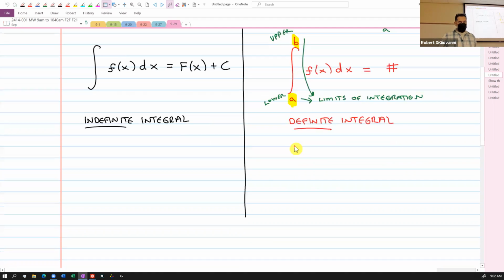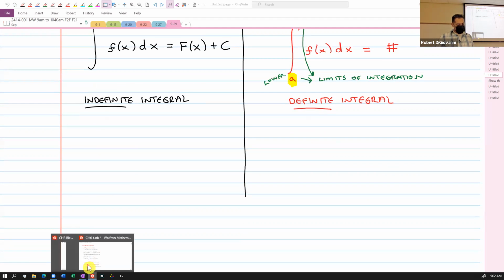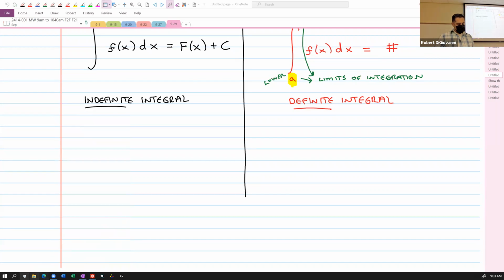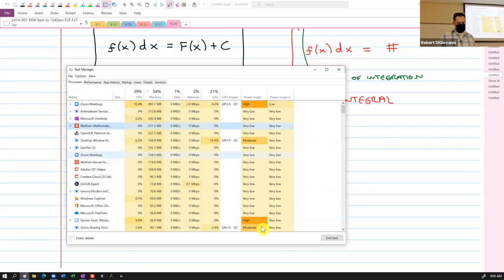So what I'd like to do, if I can get this to open, I don't know why this is not opening. I'm just going to have to close this program. Let me do this. I've got to kill off Mathematica here.